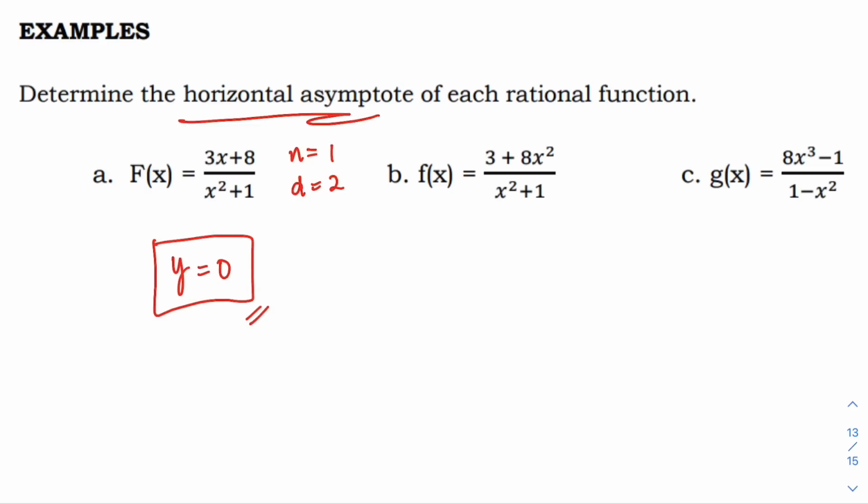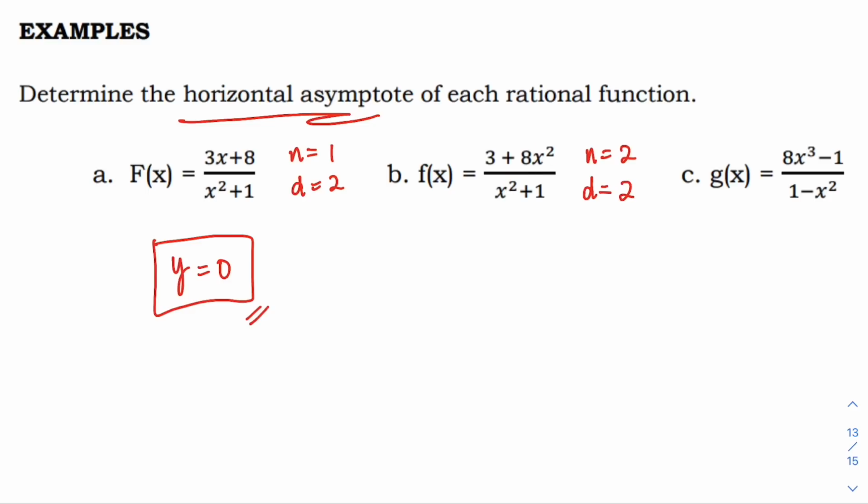Nakuha guys? So, next is letter B. Letter B, we have f of x equals 3 plus 8x squared all over x squared plus 1. So, dito guys, by inspection, you will notice na yung degree ng ating numerator is equals to 2. Yun yung highest exponent. And yung degree ng ating denominator is also positive 2. Tama?